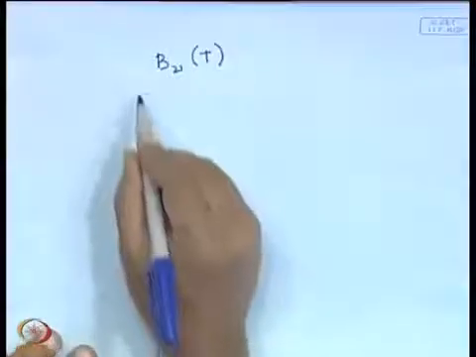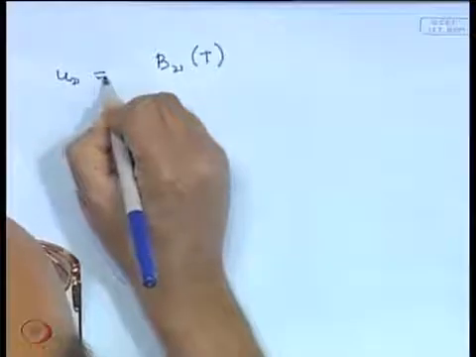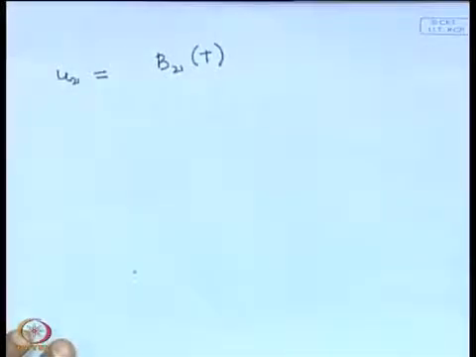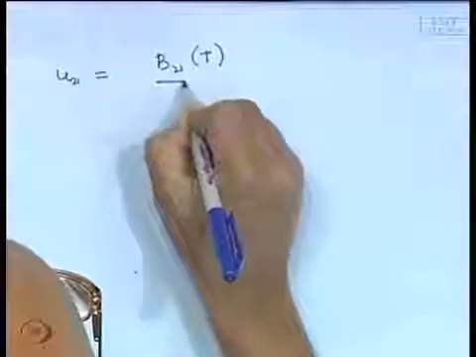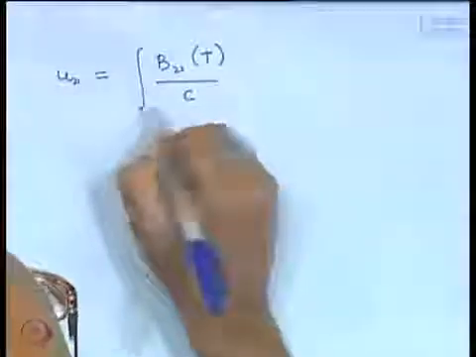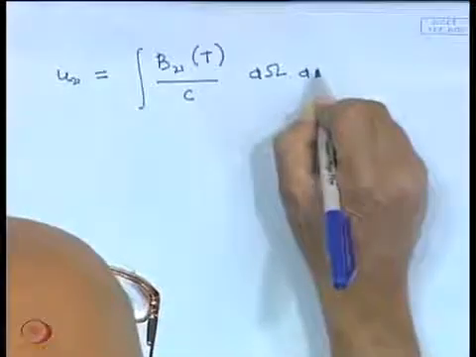We know that the energy contained in a particular set of rays in a particular direction is just this quantity divided by c, and if you want the total energy density, then you have to also integrate over solid angle, and you have to also integrate over frequency.